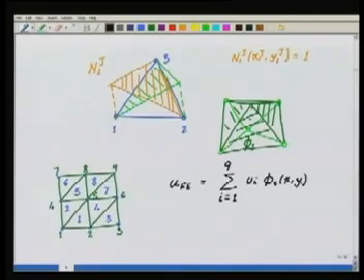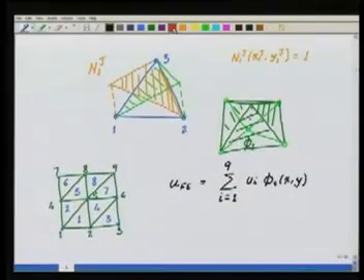Okay. Now if I want to look at the restriction, or the part of this finite element solution over some generic element. So let's say I am looking at it over this element, third element. Okay.